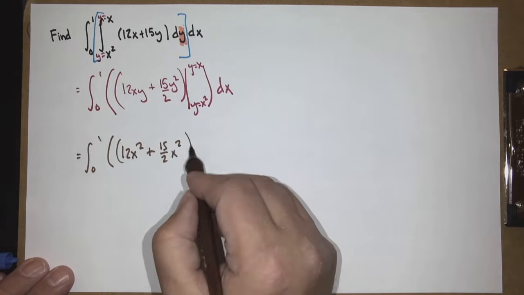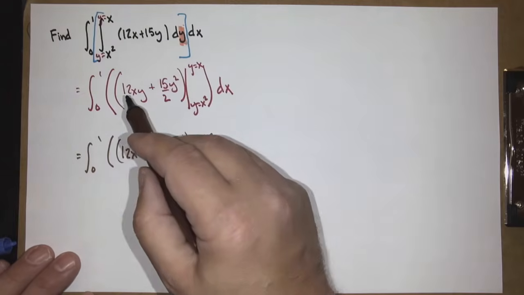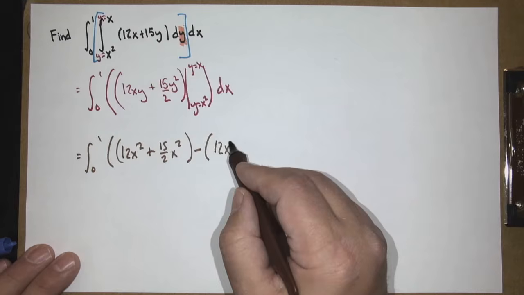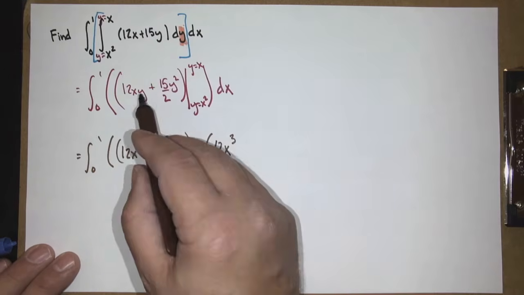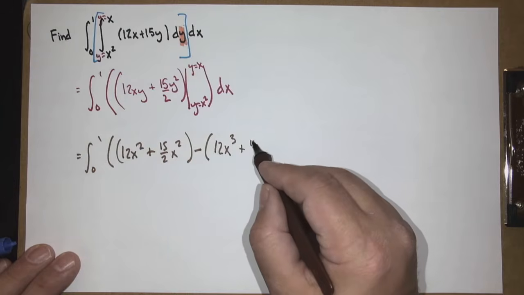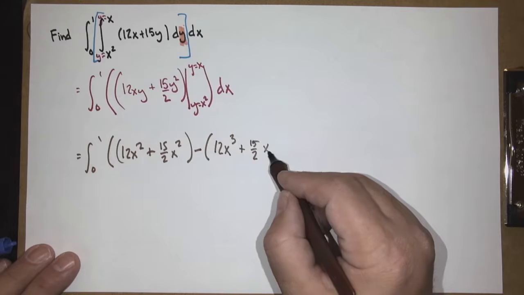Okay, subtract. Now, everywhere where we see a y, put an x squared. 12 times x squared, x cubed. All right, x times x squared. 15 halves times x squared squared. Another way to say x squared squared, x to the fourth.